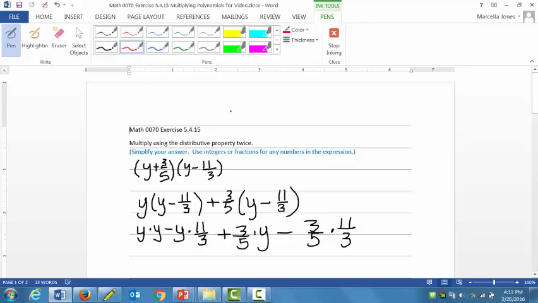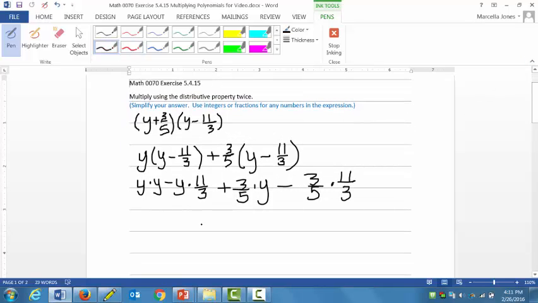All right, so let's carry out the products that we have to complete or simplify. So y times y is y squared. Minus y times 11/3 is the same as minus 11/3 y. 3/5 times y is the same as 3/5 y.